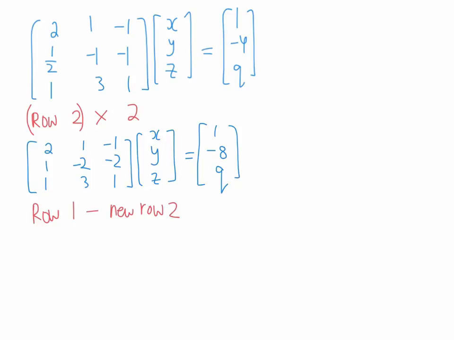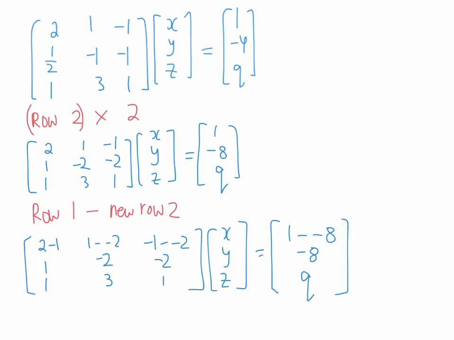And now we are going to subtract our new row 2 from row 1. We don't do anything with row 2 or row 3, we're just making a new row 1 by taking old row 1 and subtracting our row 2 from that row 1.